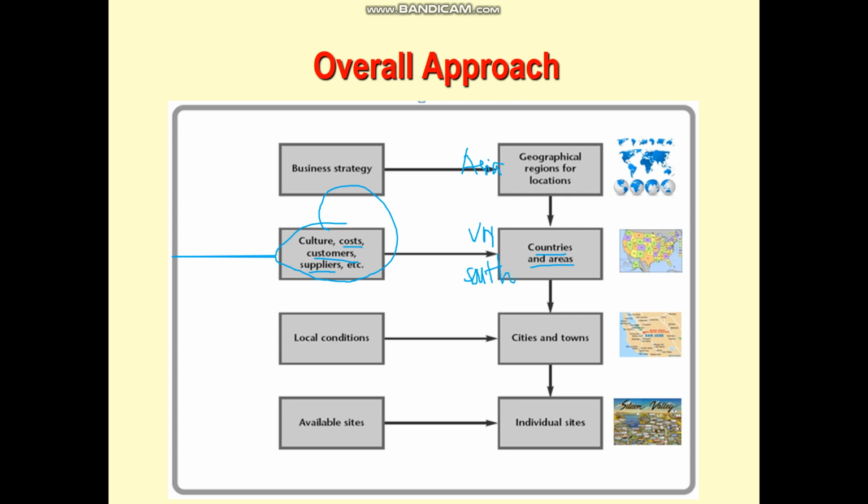Then you will determine the cities and towns where you want to locate your new facility based on the local conditions. For example, you will choose Ho Chi Minh City, and maybe District 1.